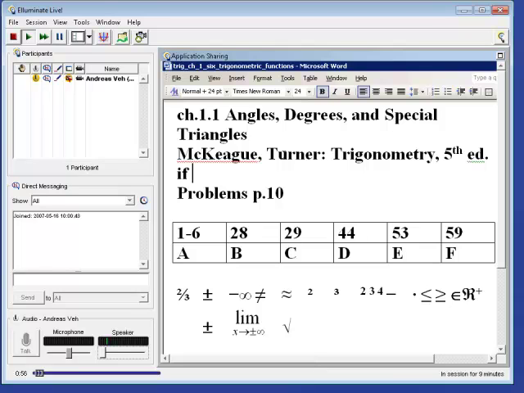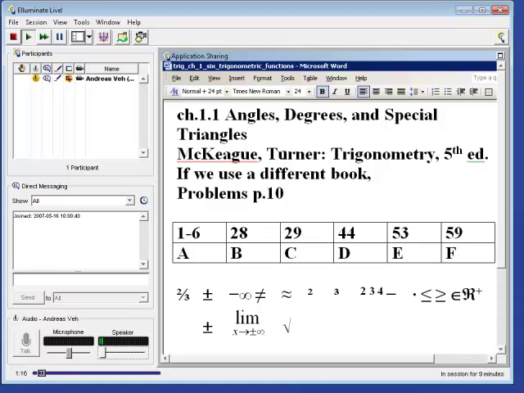If in a future semester we don't use this book anymore, if we use a different book, then of course the page numbers and the chapter numbers would be different. Even if we use the 6th edition of Trigonometry, the page numbers would still be off.